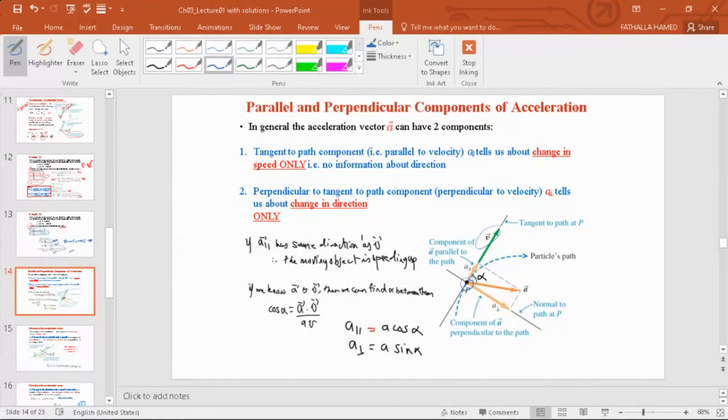And that's why here we talk about parallel and perpendicular components of the acceleration. That happens when you have a curved path. Parallel, that means either along the direction of your velocity or opposite to it, and that can change the magnitude of your velocity, which is the speed.